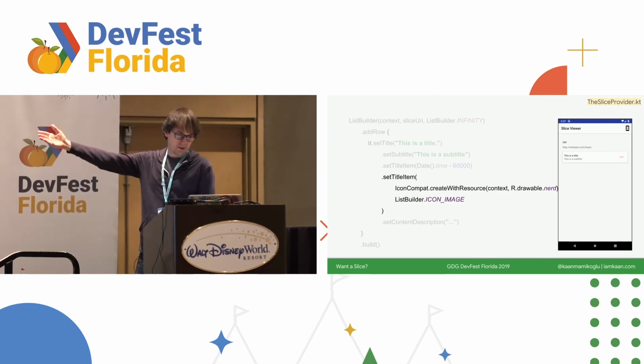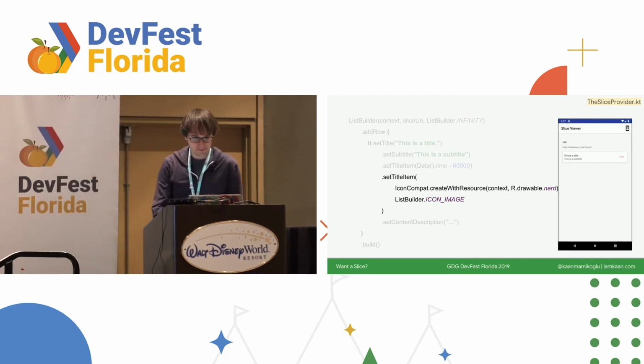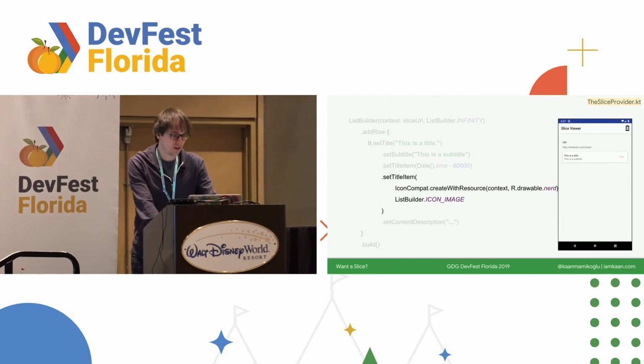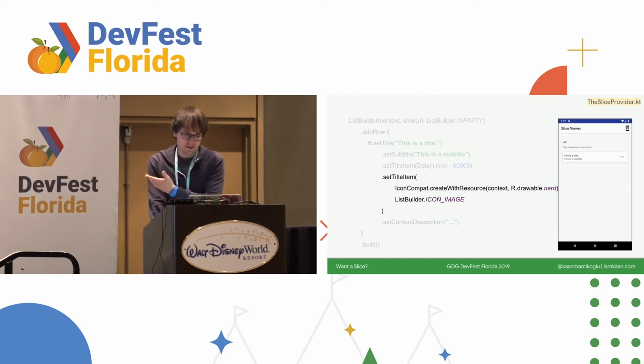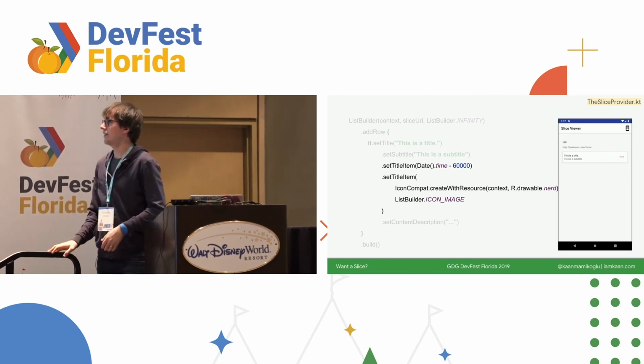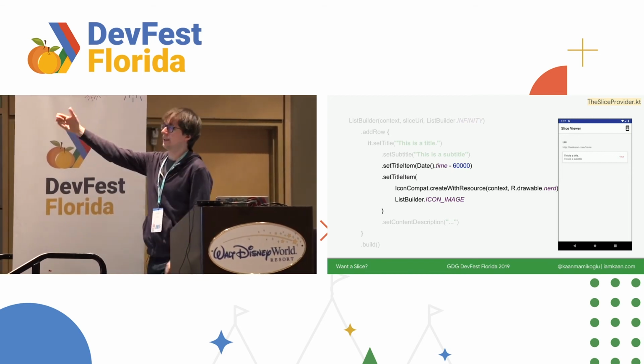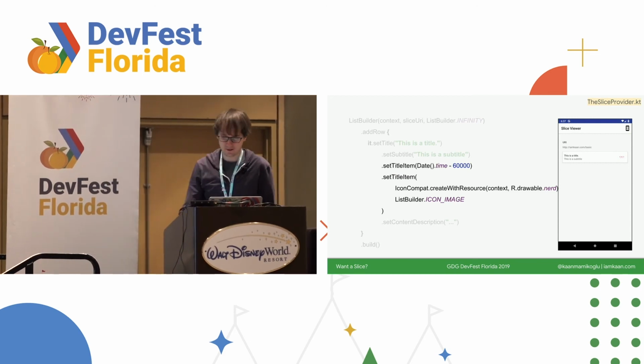Again, it takes 2 parameters. First one is the icon, which you get from resources in this case. And the second one is the style of the icon or image. In this case, it's an icon again. One thing to note is that when you have 2 of them, obviously the last one is overriding the previous ones.